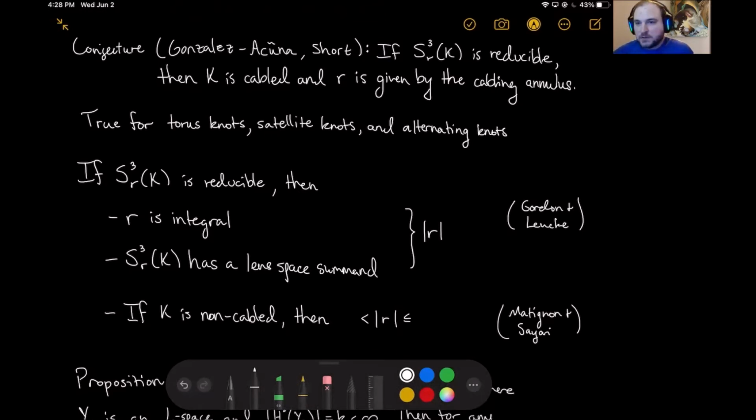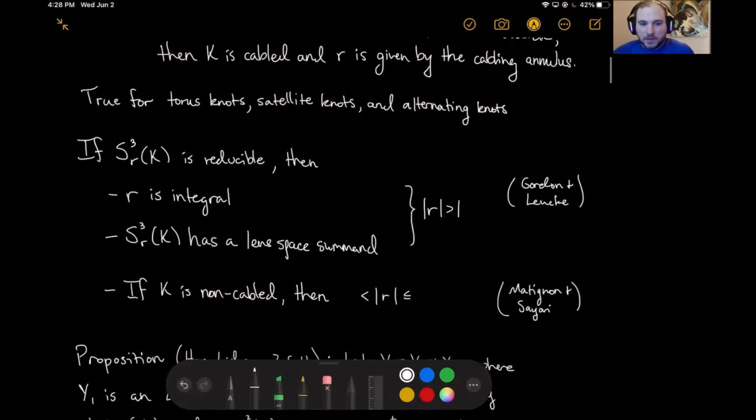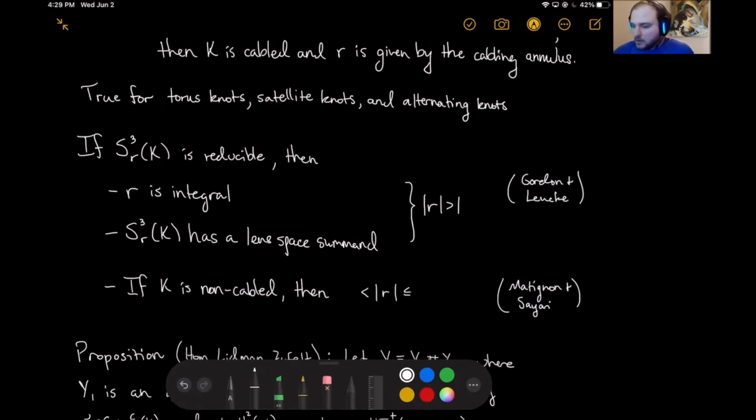These two facts together tell you that in absolute value, R is greater than 1, thanks to Gordon and Luecke. And if K is non-cabled, then it satisfies a genus bound, given by twice the genus of K minus 1.